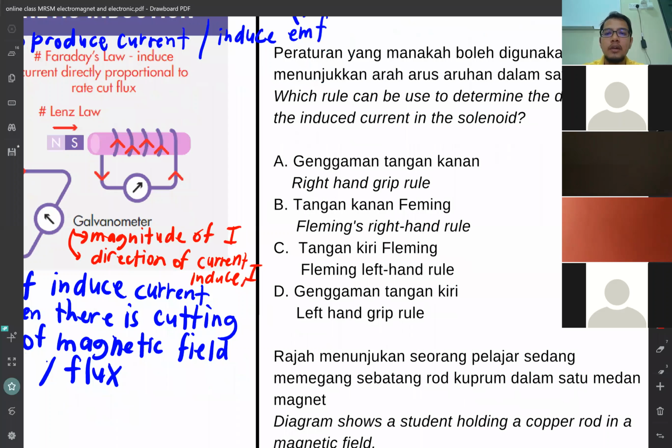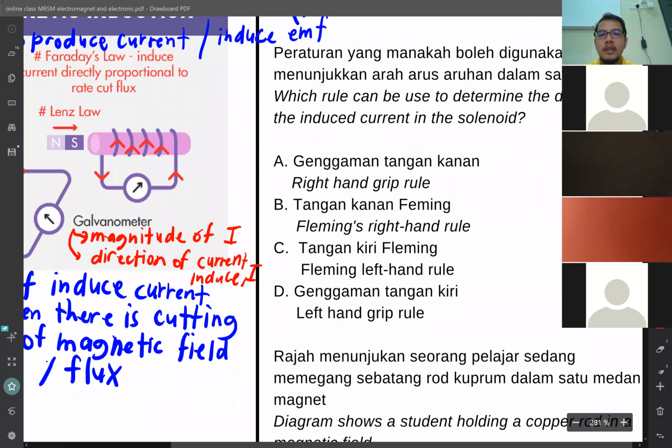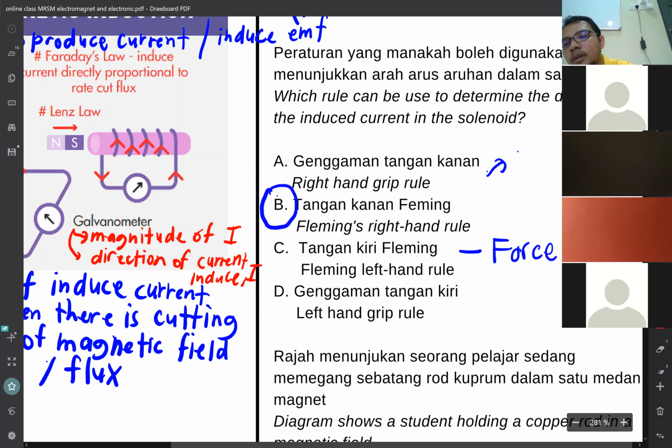Because this is an induction, you need to use Fleming's right hand rule. So this is very basic. Fleming's left hand rule is for force on a current carrying conductor. Right hand grip is for you to know the direction of the electromagnet's magnetic field.